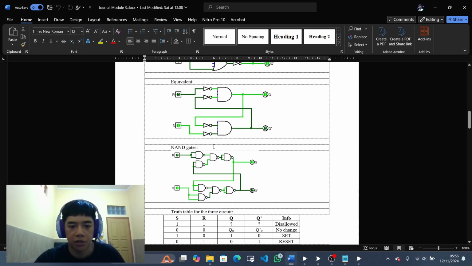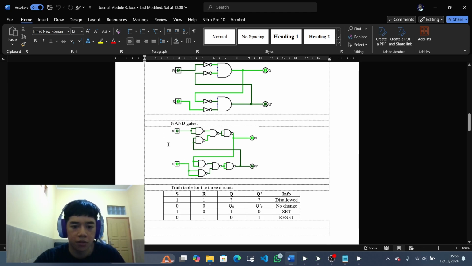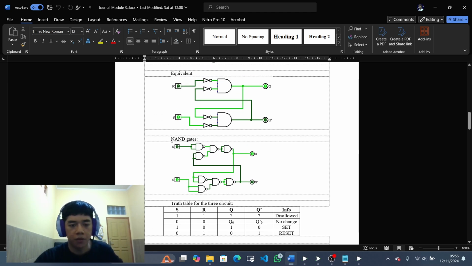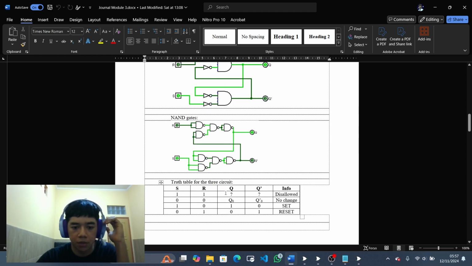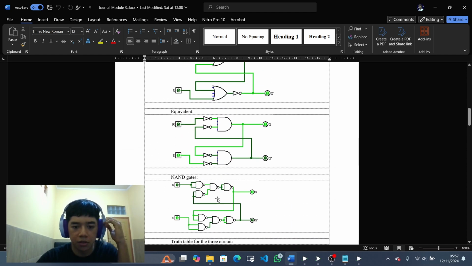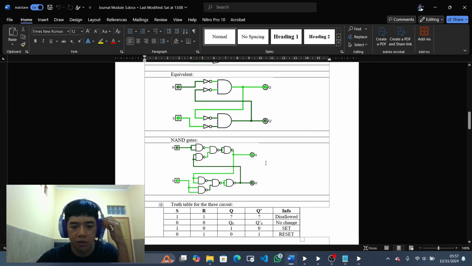And the NAND gates form: since NOR gates and NAND gates have an inverse relationship with one another, it makes sense that the NOR gates form and NAND gates form use the exact same number of gates.